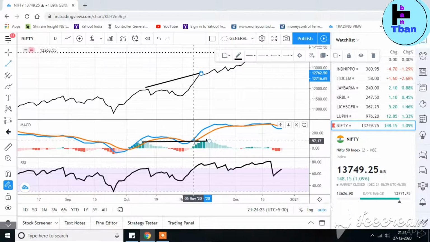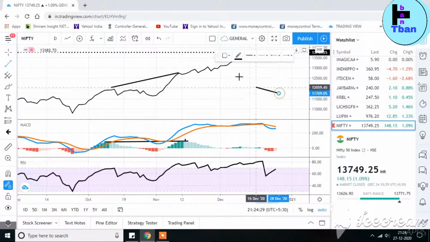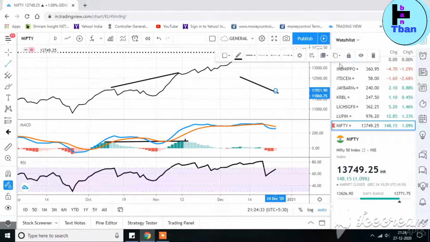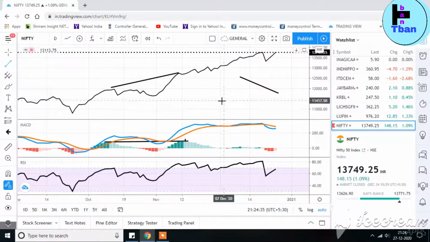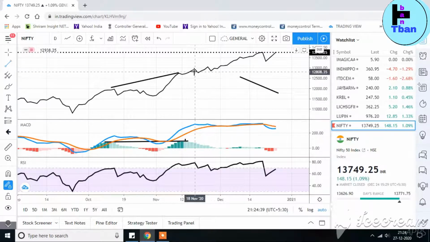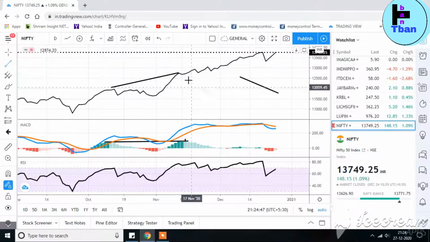So the stock movement you also watch. Just a minute. Here also watch it. Very good sign, and you may use it particularly in any other stocks.